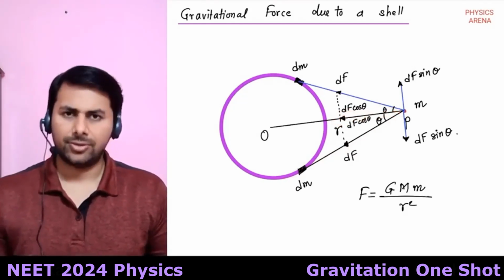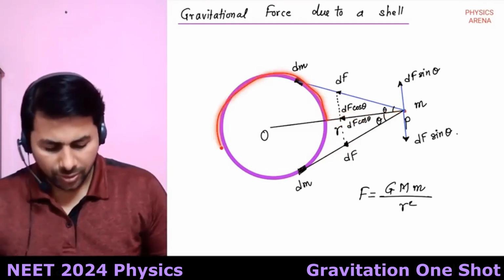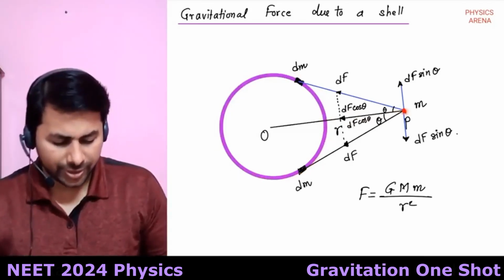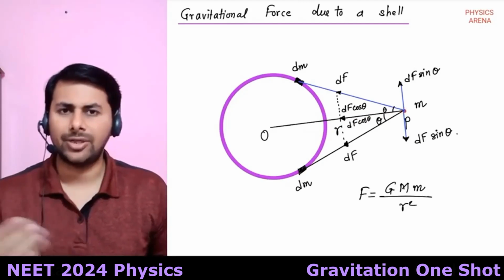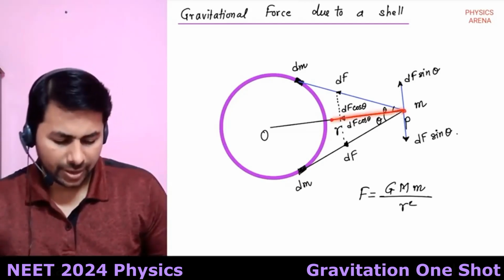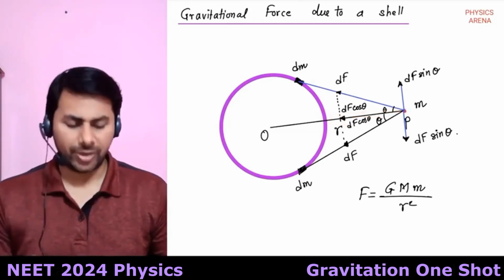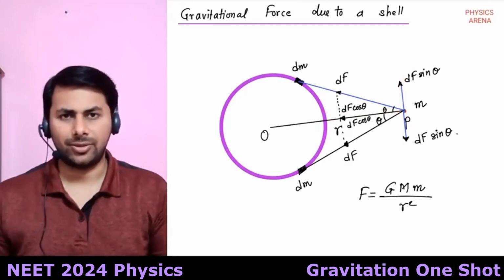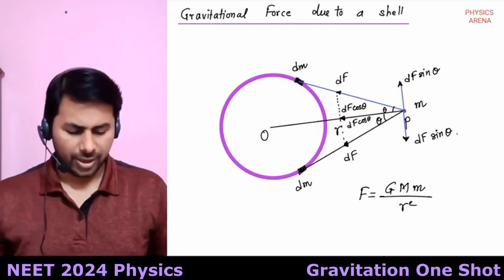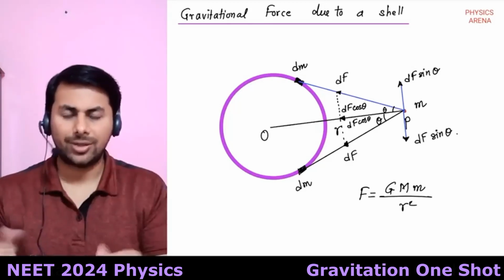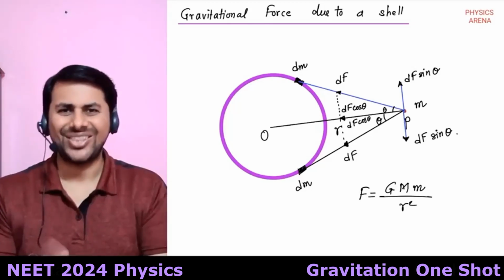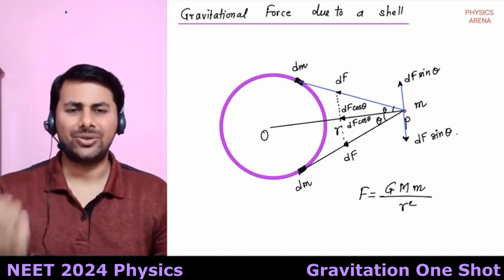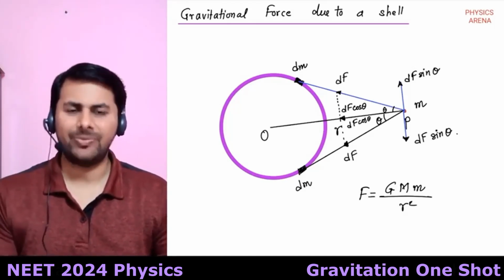Okay, so that means due to the whole complete shell, the gravitational force on this mass will be in this direction only, because the perpendicular components of force will get cancelled out. So if you have a shell, the gravitational force due to that shell will always be directed towards the center of the shell.